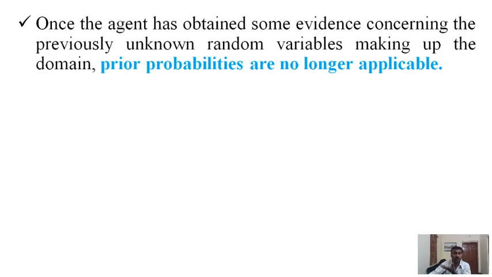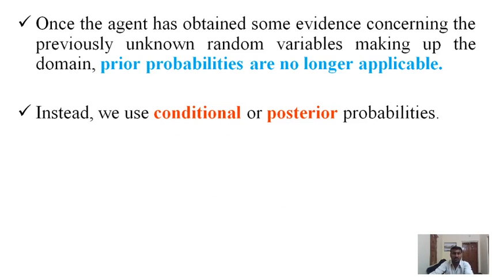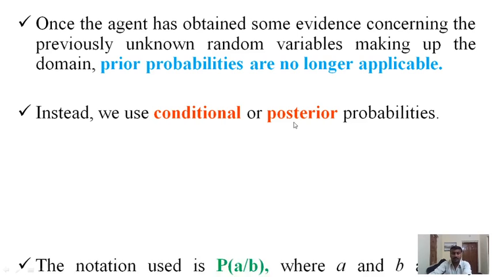So for longer applications, prior probability is not suitable. In such a situation, the only suitable concept is conditional or posterior probability. So prior probability is not suitable for all applications, and in such a situation we want to use posterior.